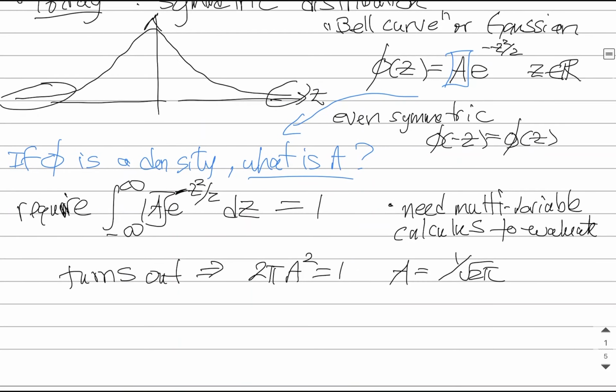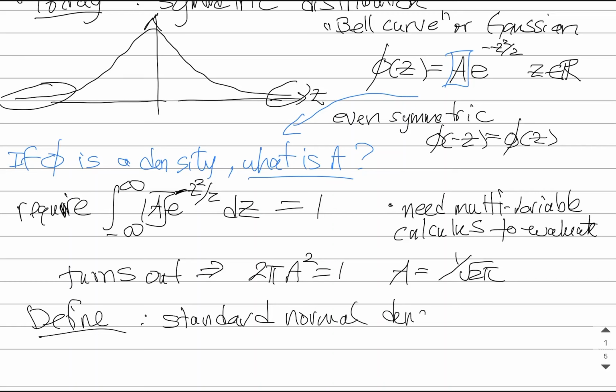So as such, we are going to define something called the standard normal density according to the result that we did above. And so we'll define it as phi of z is 1 over the square root of 2 pi e to the minus z squared over 2.